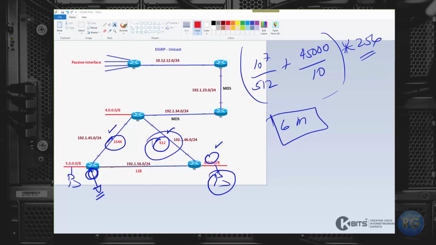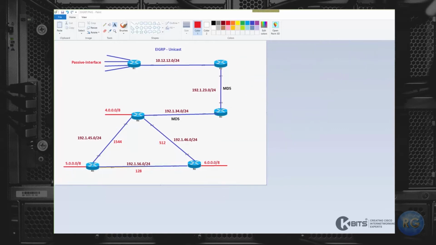Good so far? But what did I tell you also is that although it picked this path, it would still keep this in where? Would it discard the route that R6 sent it directly, or would it keep it? It would keep it in the topology table as a feasible successor. Can you see that? Absolutely. Let's take a look.